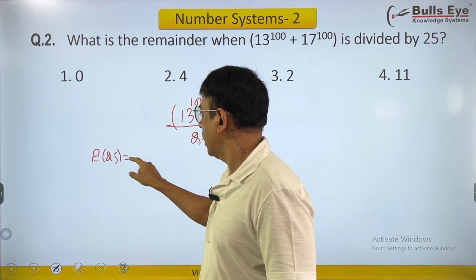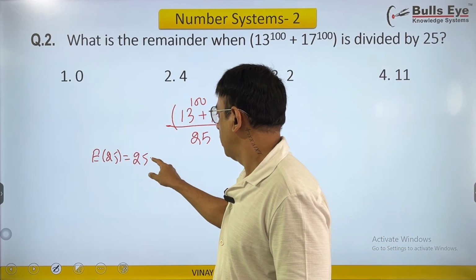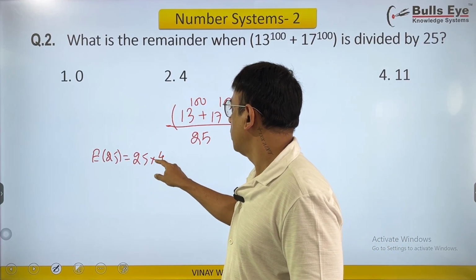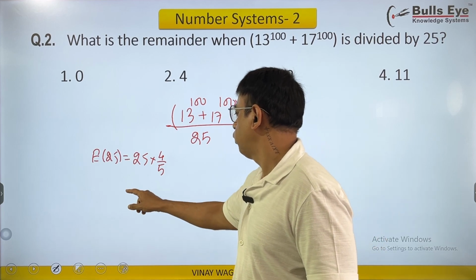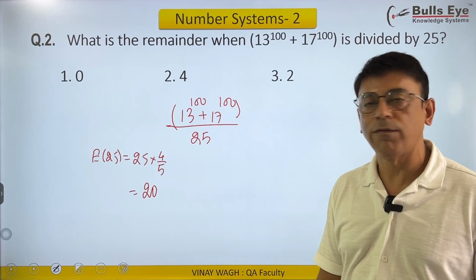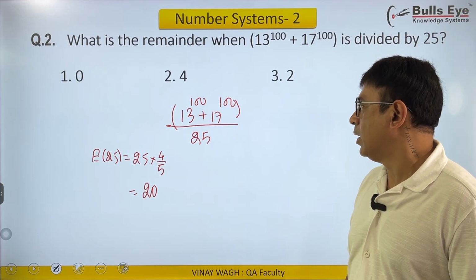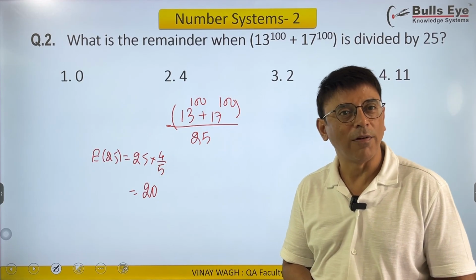And how do we find that out? The prime factor of 25 is just 5. So every fifth number is a multiple of 5, right? So 20 is the Euler's number of this. There are 20 numbers that are co-prime with 25.